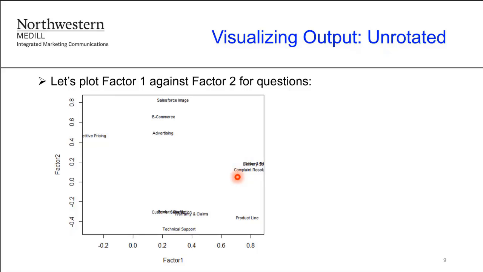And there's complaint resolution and the product line. So we can identify that those four variables have high values for this factor 1.